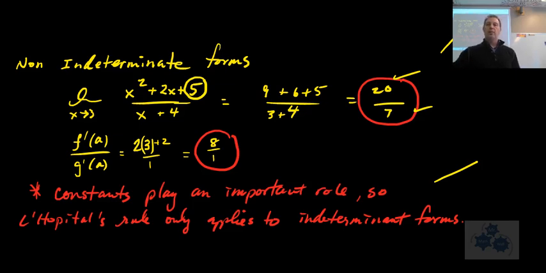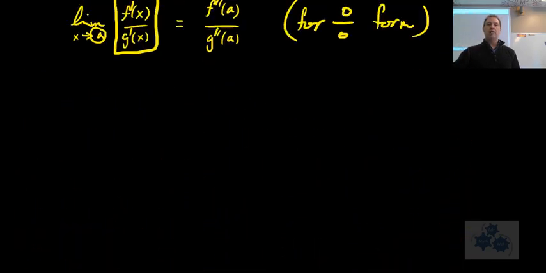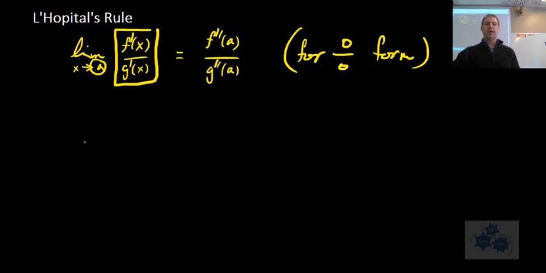The one other thing that I would mention though is this: what if you have infinity divided by infinity? If you plug your value in and you get infinity on the top and infinity on the bottom, then consider that infinity is really the same as 1 over 0.